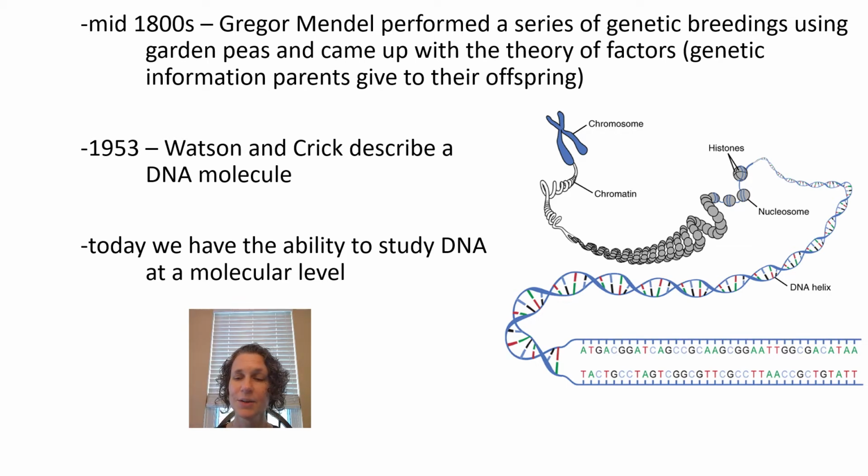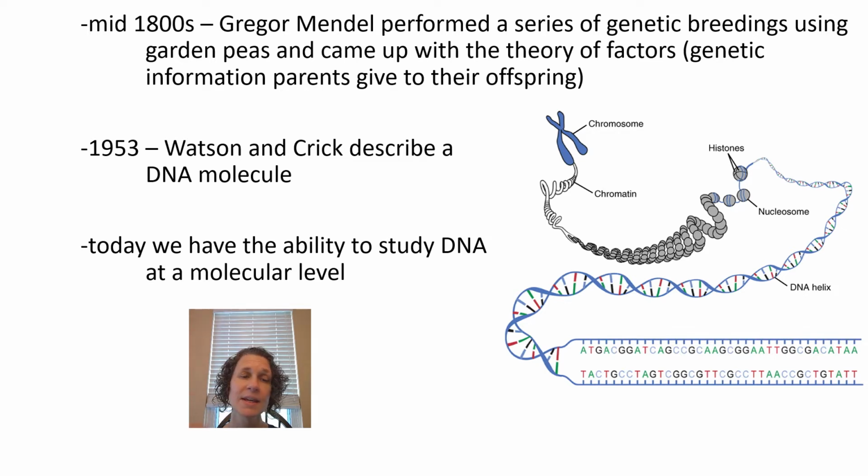He was a monk and a gardener, and he bred garden peas and looked at their different characteristics and came up with the idea that he called factors. Those we now call genes, the genetic information that parents give to their offspring. He did an amazing job for the time, and modern genetics is actually based on his experiments.